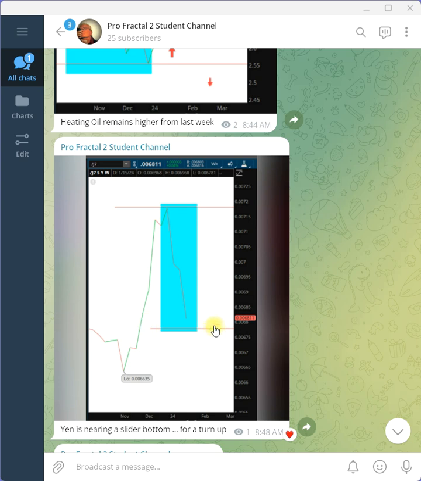Okay, if it does, this would then become a slider bottom, meaning the yen will probably swing up. Now, again, we're looking at a weekly chart. May take a little time for that to occur, but keep your eye on the yen.